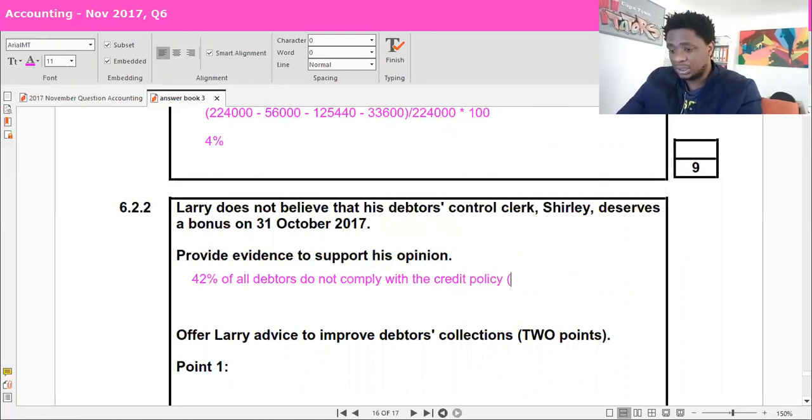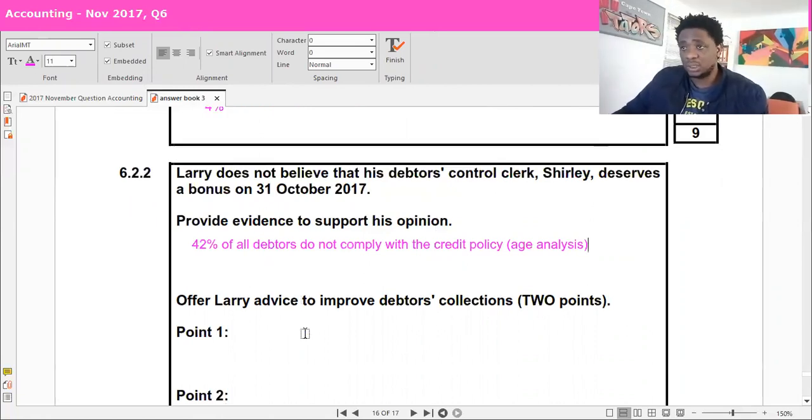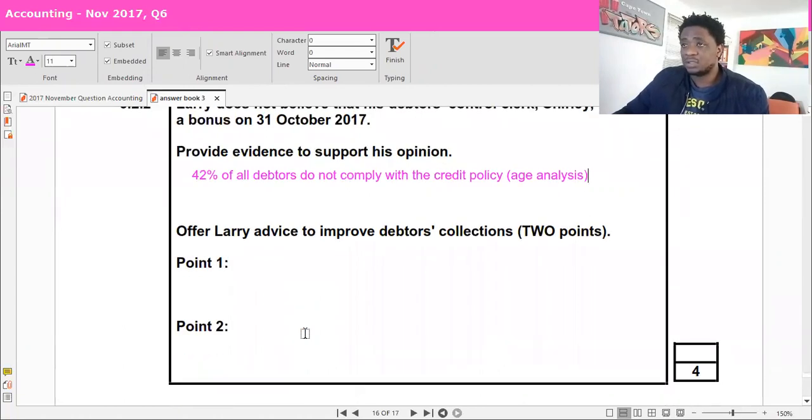Just say age analysis. So if you have 42% of all debtors not complying with the credit policy, the debtors clerk is not doing a good job. And then the second part of that question, offer Larry advice to improve debtors collection, 2 points.